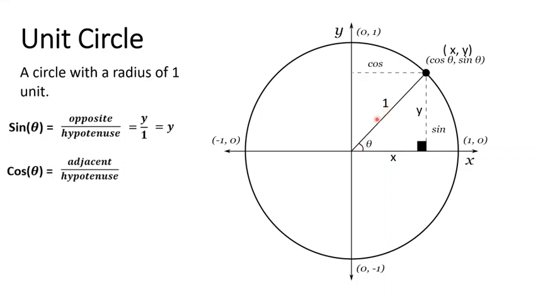So the value of our cosine theta here is x over 1, or simply x. That is the explanation. That's why cosine theta is equal to the x value and sine theta is equal to the y value. But of course, trigonometric functions are not only composed of sine and cosine.